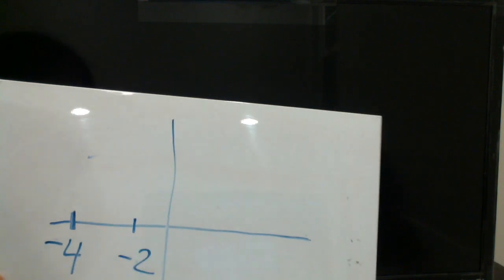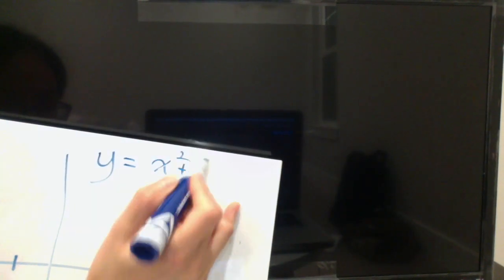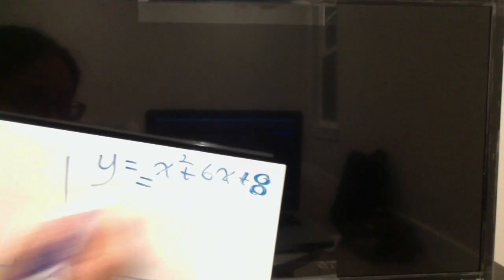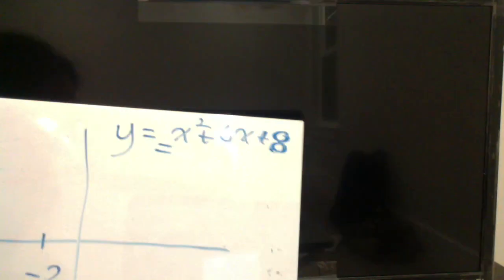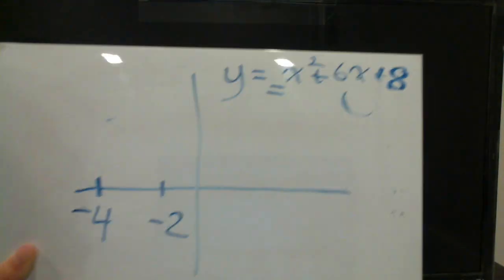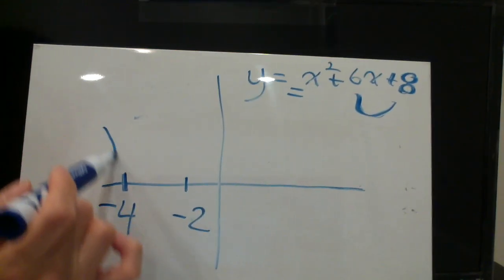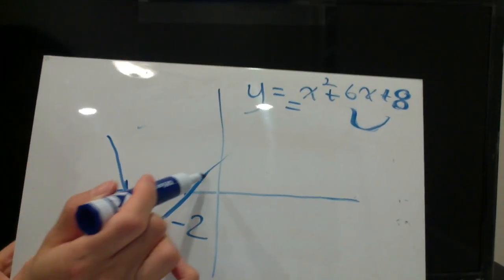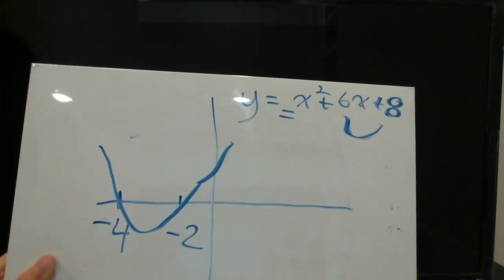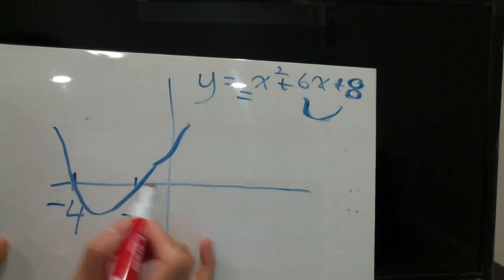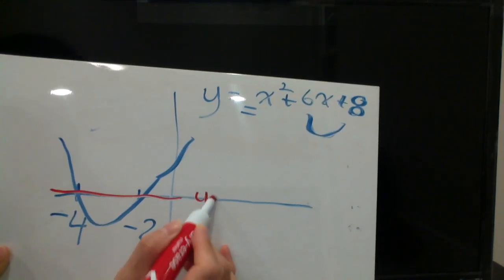-2, and this graph is upward, right? Because it is y equals x squared plus 6x plus 8. So this is positive, so it will be upward. So I'll draw right here something like this. So we are looking for where is the negative. So this line is y equals 0.